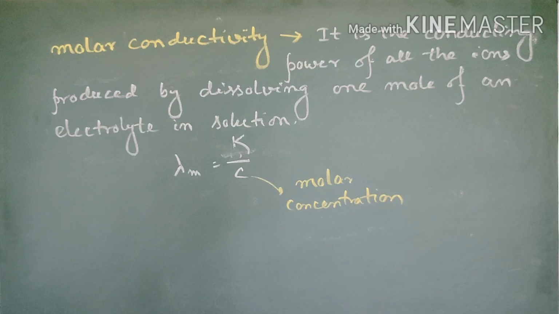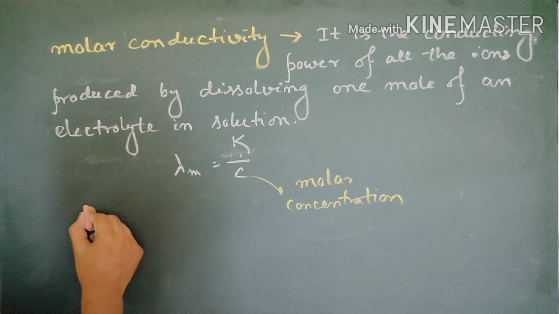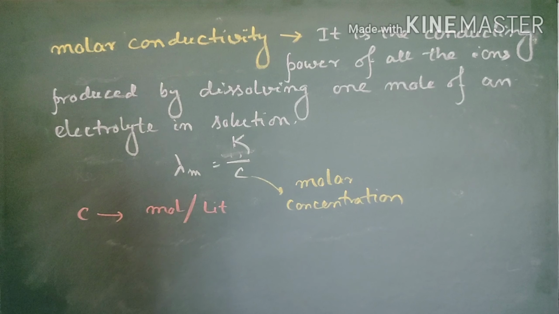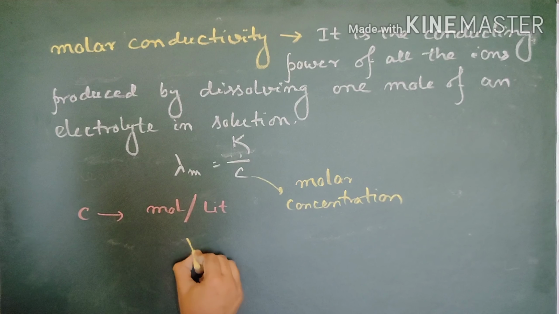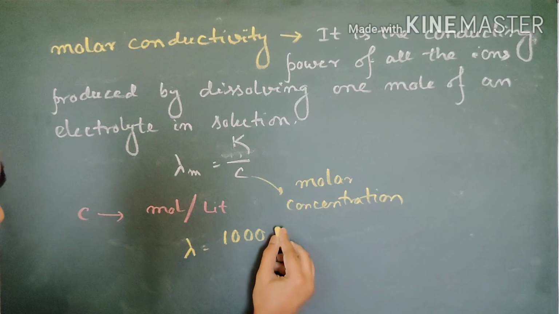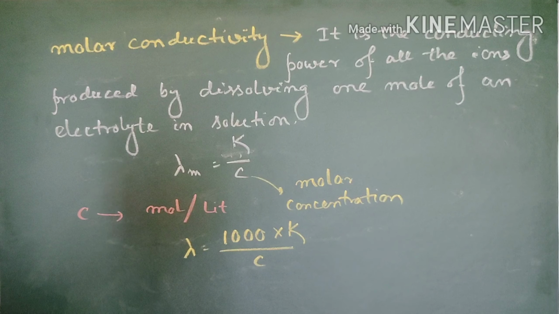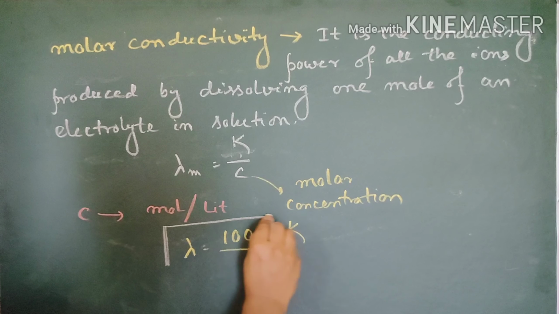Now, further to say, when C is the molar concentration, if C is expressed in moles per liter, in that case this lambda will be expressed as 1000 into kappa by C. And this particular formula we need to remember throughout this lecture.